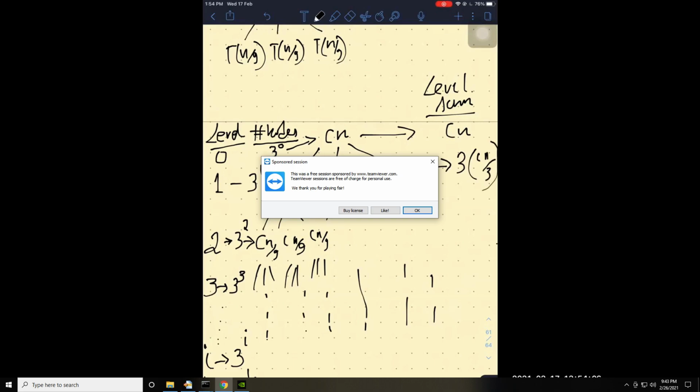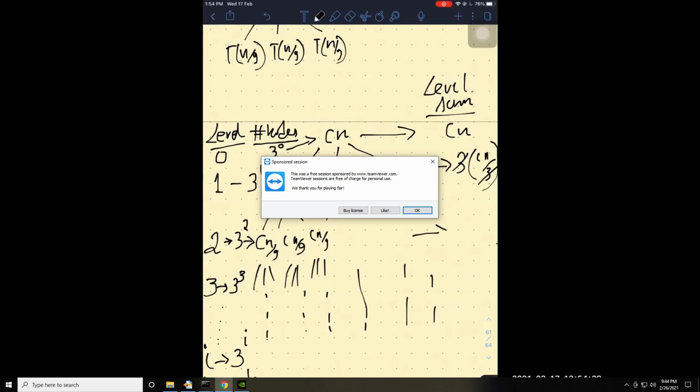As you can see in level 1, we have 3 nodes and each of their values is n divided by 3. That's why we get 3 times C of n divided by 3. Is it clear how we are getting this part? Yes. Okay. So this one will come out to be C of n, right? If we cancel both 3's, then it will be just C of n.